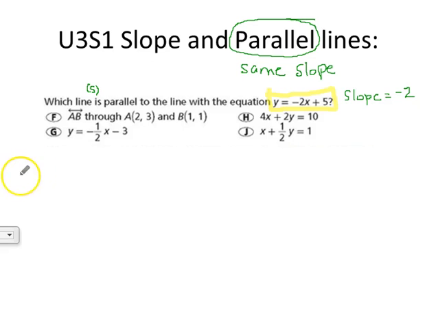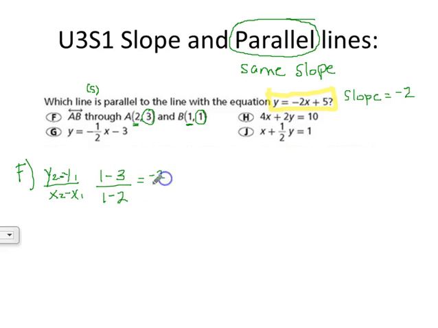Remember, when you're given 2 points, to find the slope, you find the change in your y coordinates over the change in your x coordinates. I'm going to do my second coordinate first, so it would be 1 minus 3 for the y coordinates, and 1 minus 2 for the x coordinates. When I do that, I get negative 2 over negative 1, which turns out to be a positive 2. So in this case, our slope is positive 2.